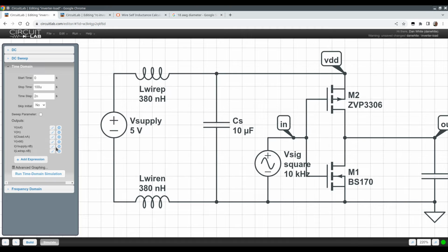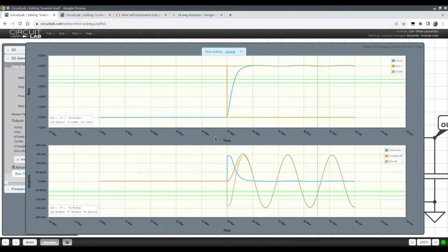I'm going to do power supply current, power supply, capacitor current. Okay. Run the simulation. Let's see what we get. Of course. It runs in your browser, so the machine that you're running is the one that's doing the compute for the processing.